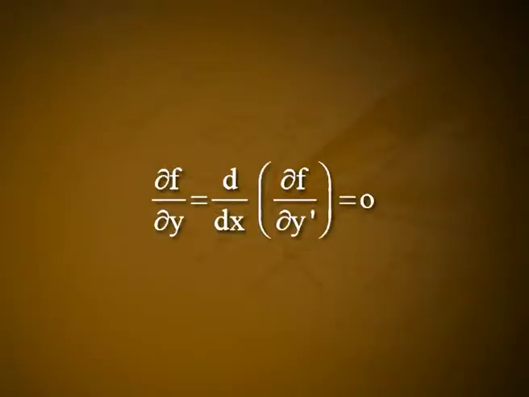Hence, the integrand must be 0. ∂f/∂y minus d/dx of ∂f/∂y' is equal to 0. This equation is called the Euler-Lagrange equation and its solution y of x is called an extremal. This is the condition which the function y of x must satisfy so that J has a stationary value.